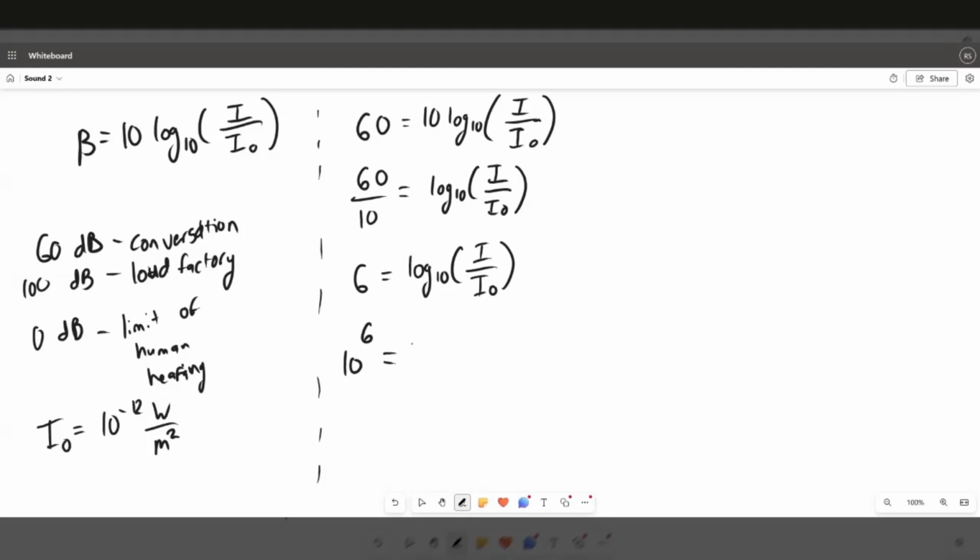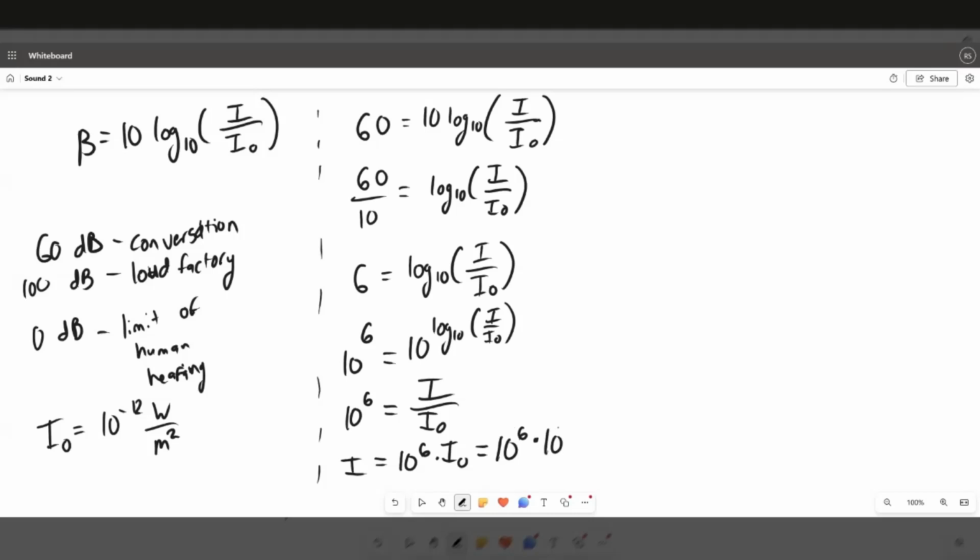So 10 to the 6 equals 10 to the log base 10 of I over I0. 10 to the 6 we'll just leave by itself. 10 to the log base 10 will cancel, and all that you're left with is what was inside the logarithm. So solving this for the intensity, we get 10 to the 6 times I0. I0 was 10 to the minus 12. And so 10 to the 6 times 10 to the minus 12 is 10 to the minus 6 watts per meter squared. So that's the intensity of a 60 decibel conversation.